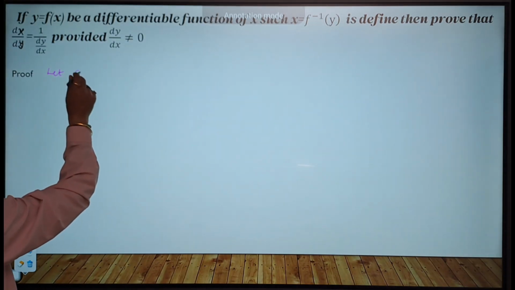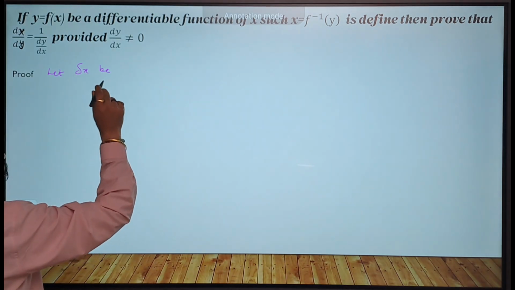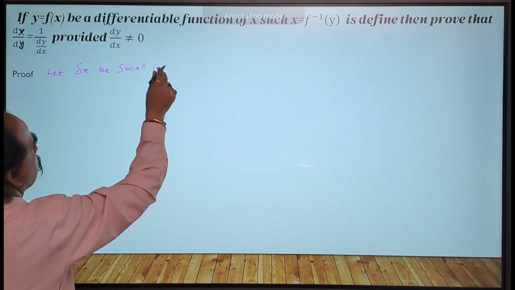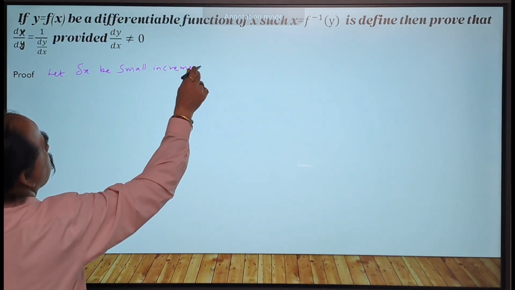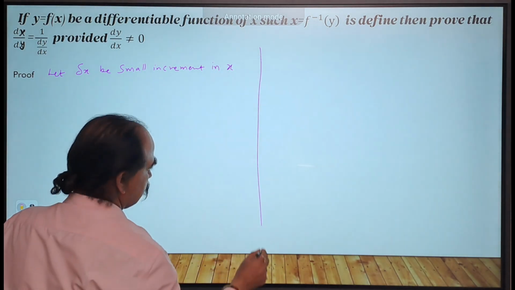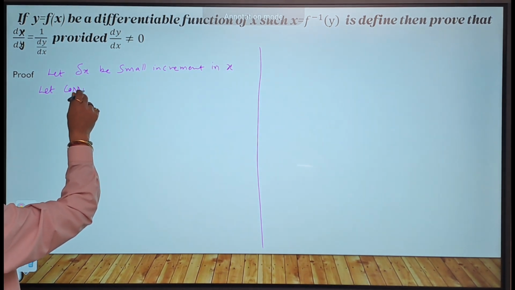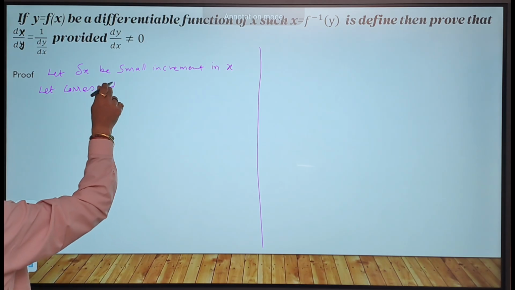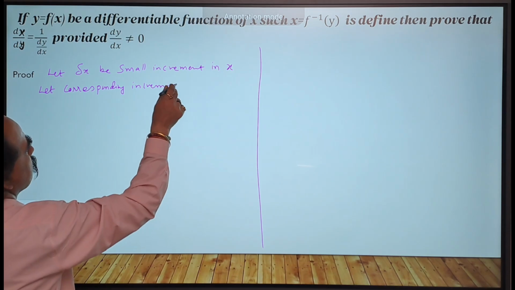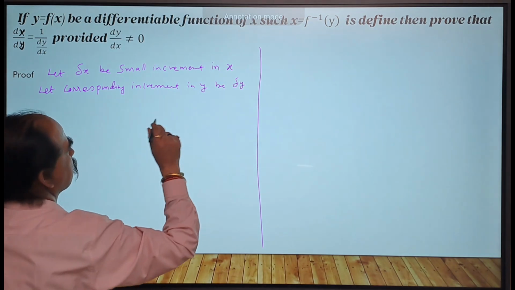Let delta x be a small increment, let corresponding increment in y be delta y.